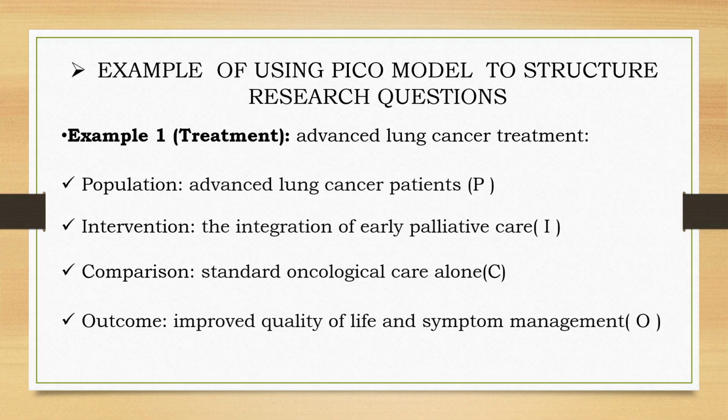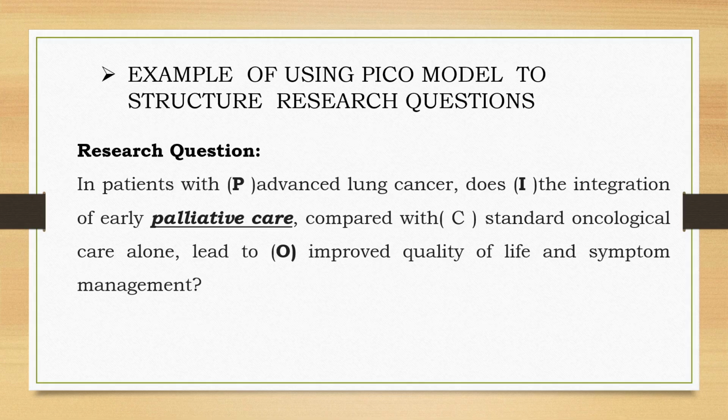Outcome, improved quality of life and symptom management. Research question: based on the components above, the question can be structured like this. In patients with advanced lung cancer, does the integration of earlier palliative care compared with standard oncological care alone lead to improved quality of life and symptom management?